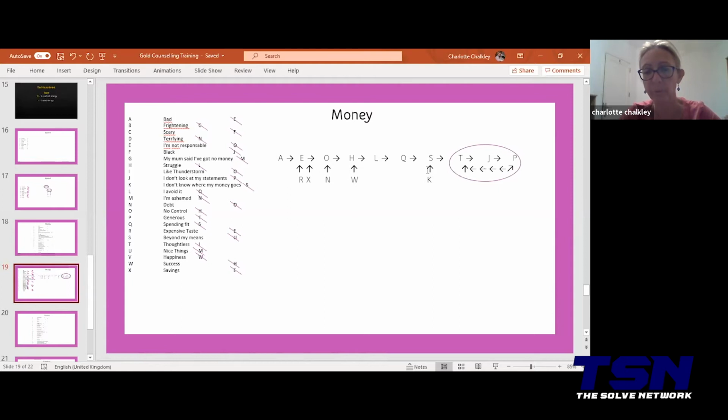And then we've got all the other letters linking onto the T. So there's a lot of weight in the T. So money and thoughtless, there's a strong connection there.